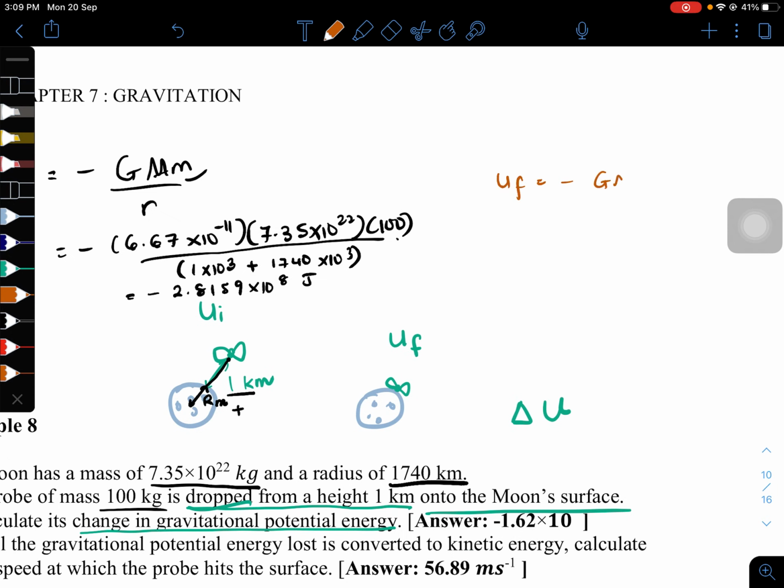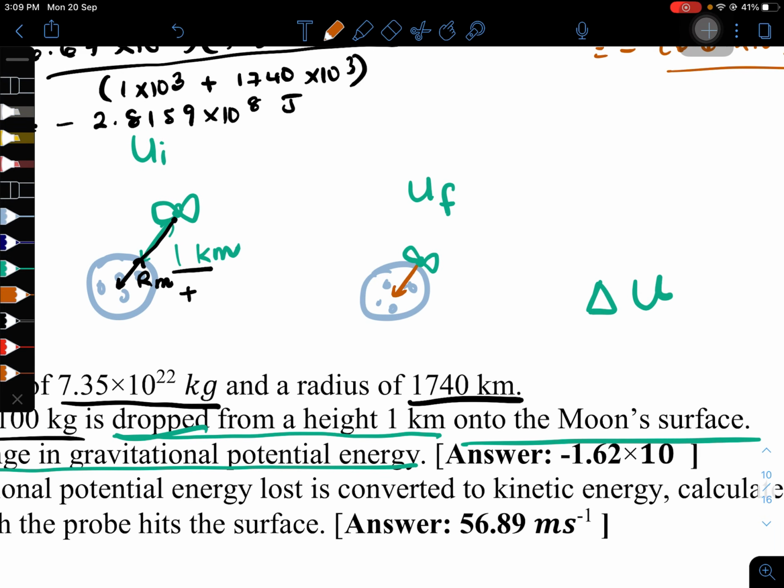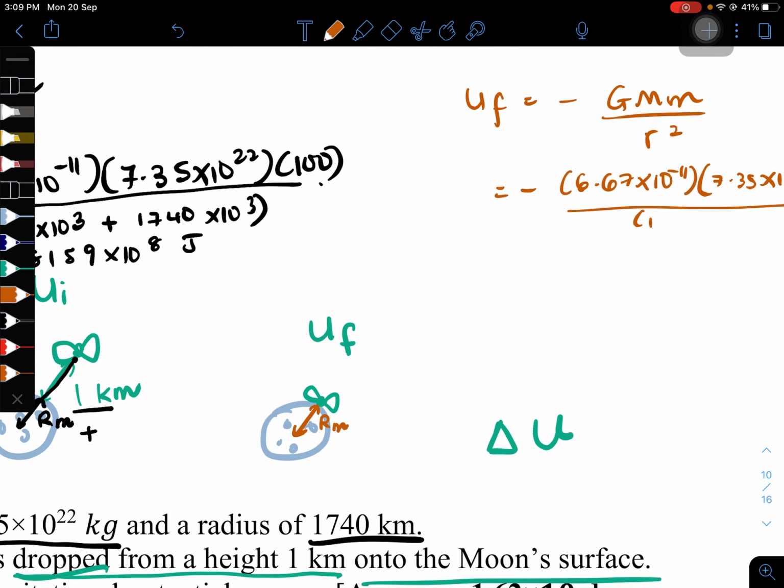The same formula. So I'm just going to put the same values. But this one, your R would be from here, from the center of the moon, which is the radius of the moon, 1740 times 10 to the power of 3.